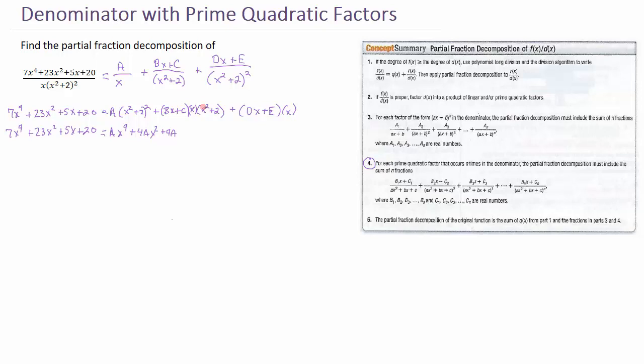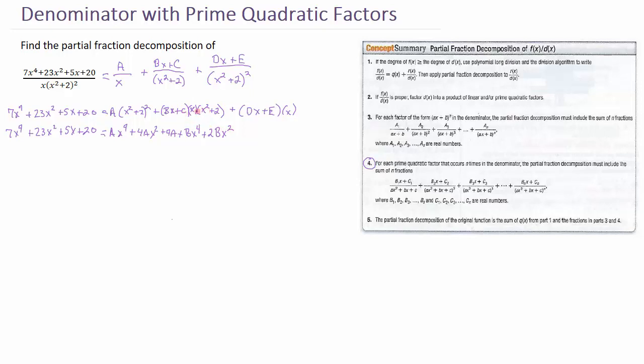Next, we have to multiply, and we have 3 different things to multiply. I always like to multiply my binomials and then distribute this x through. So Bx times x squared is Bx to the 3rd times another x is plus Bx to the 4th. Bx times 2 is 2Bx times another x is plus 2Bx squared.